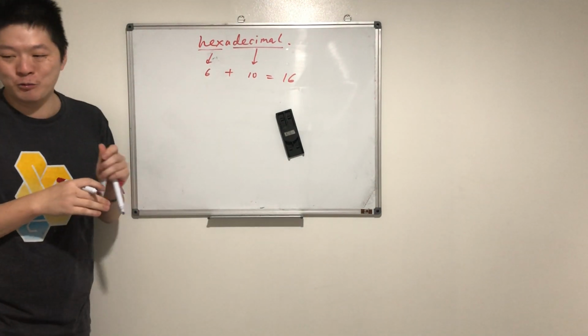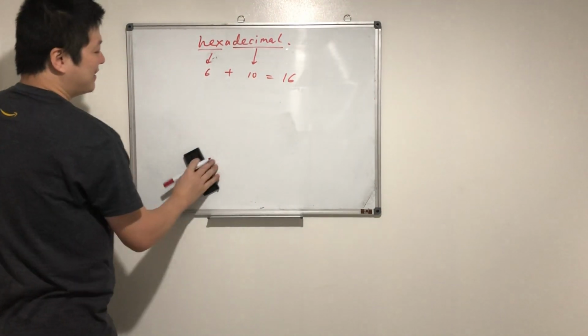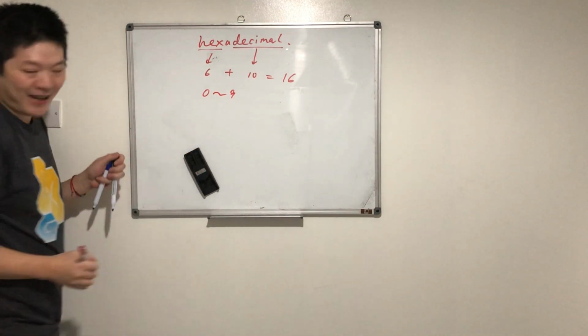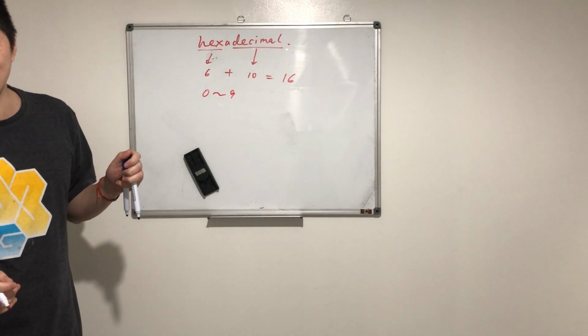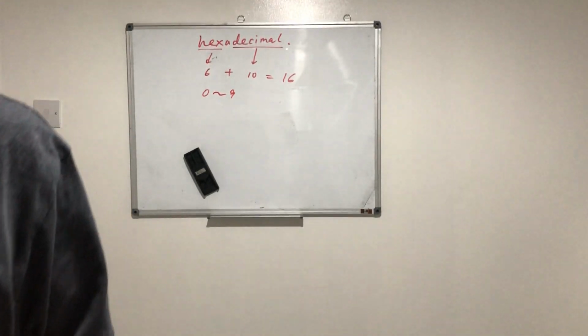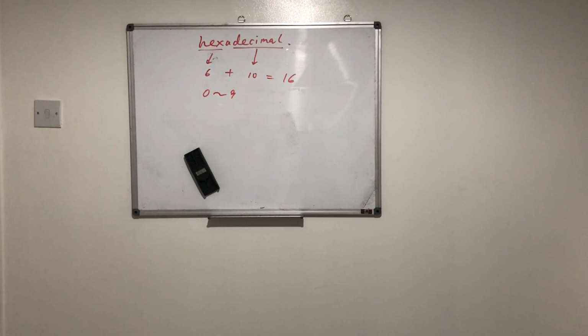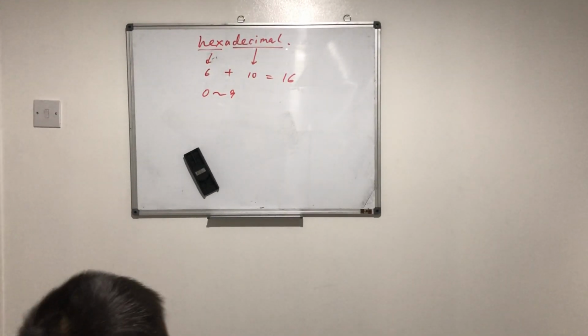So can you guess what comes after the tens? We have 0 to 9, that's 10 digits. What's next? Can you guess what's after 0 to 9? There's no 10, because 10 is 1 0.